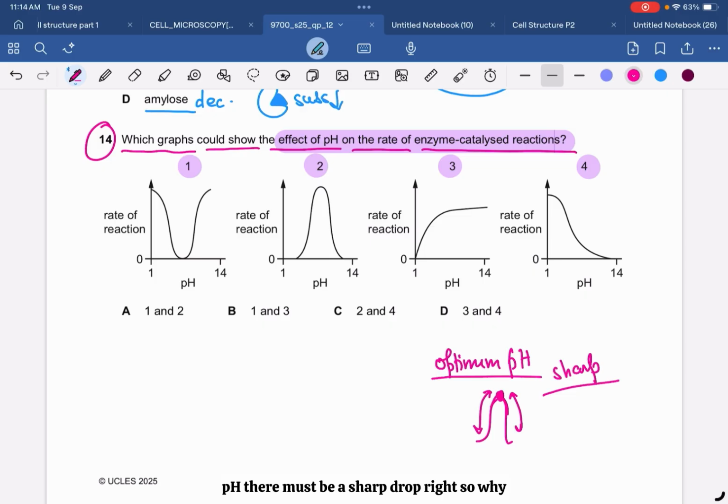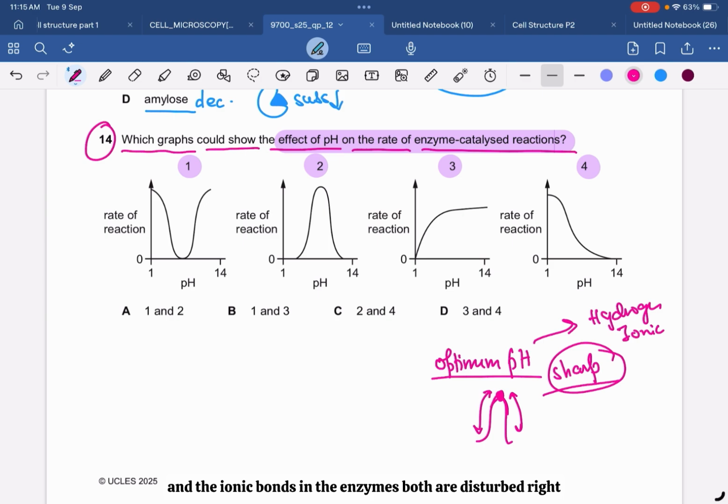So why is the sharp drop there? Because of the pH, the hydrogen ions are there. If there is a disturbance in the hydrogen ions, the hydrogen bonds and the ionic bonds in the enzymes are both disturbed.